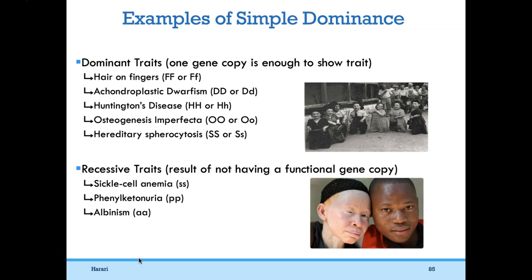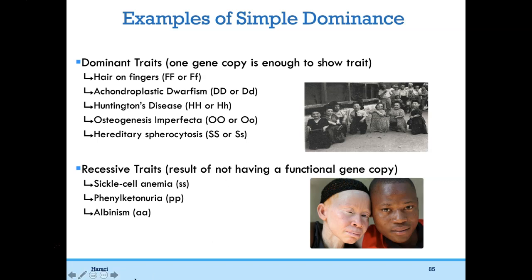Sickle cell anemia, little s, is recessive because you don't have a functional copy of hemoglobin. Phenylketonuria is recessive because you don't have a good copy of the phenylalanine hydroxylase enzyme. Albinism, little a, is recessive, as shown here, because there's no gene for pigmentation.